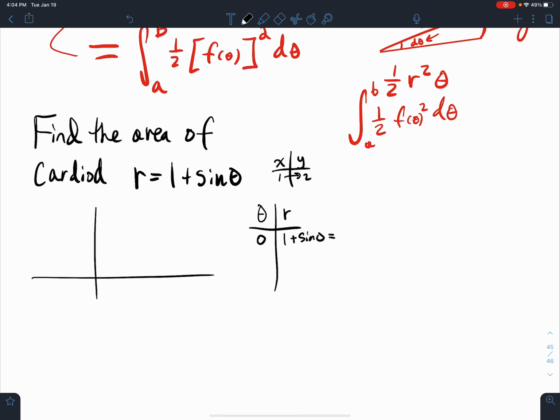Sine of 0 is 0, so that's just 1. So I'm right here at 1, okay, for theta equal to 0. Now, if I do like theta equal to pi over 6, then that gives me 1 plus the sine of pi over 6, which is equal to 1 plus a half, so that's 1.5. So at pi over 6, it comes out to 1.5.